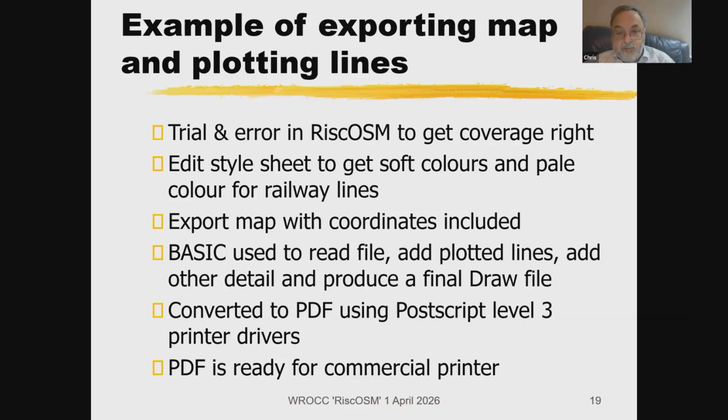Export the map with coordinates. Wrote some basic to read the file, add the plotted lines, add the other detail, and produce a final draw file, and then converted to PDF using the PostScript Level 3 printer drivers, so it was suitable for commercial printing.